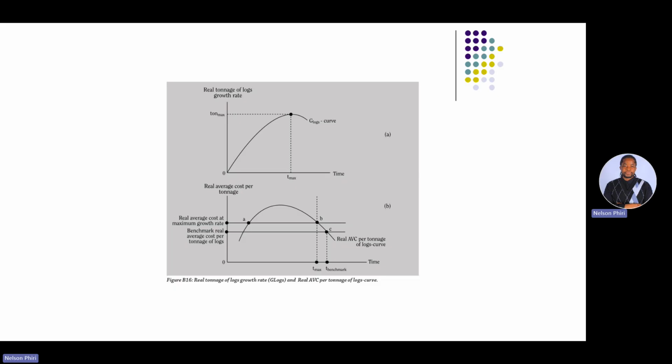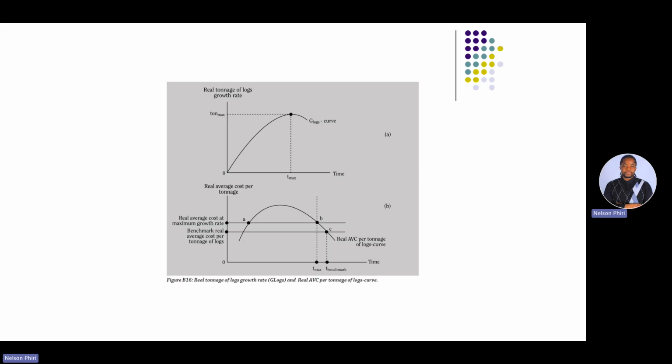So if the benchmark real average cost per ton is lower than the real average cost at the maximum growth rate, the firm will only start logging at period T benchmark. The real average cost of logs is lower at point C compared to point B, possibly as a result of lower maintenance cost of the plantation.